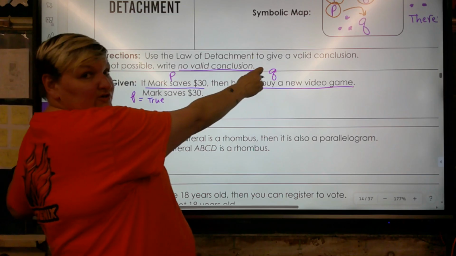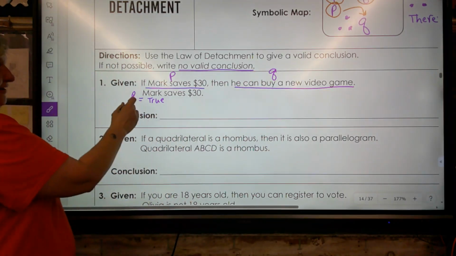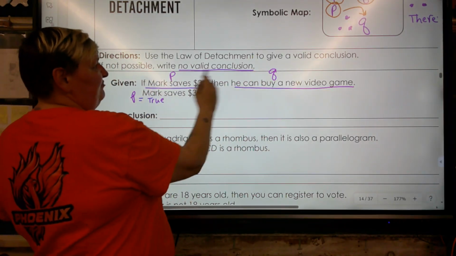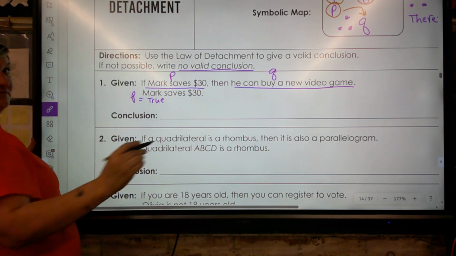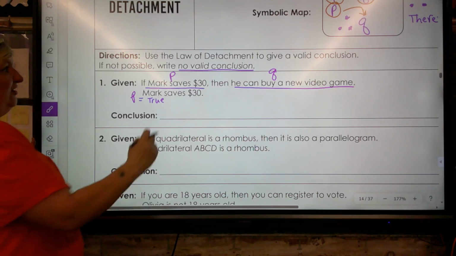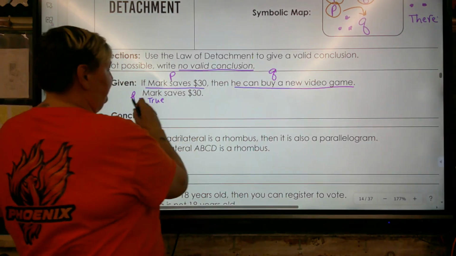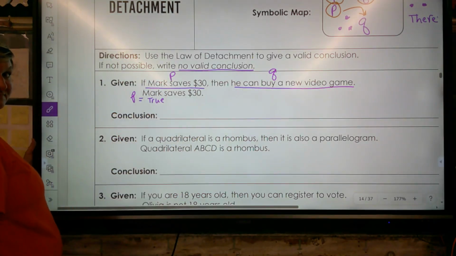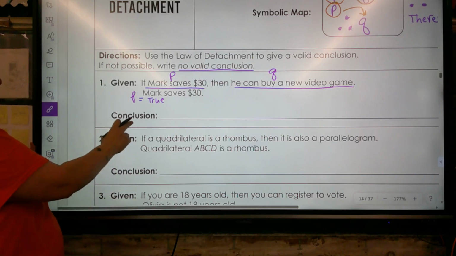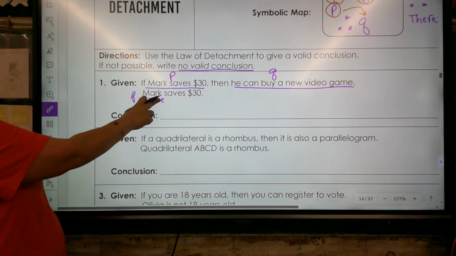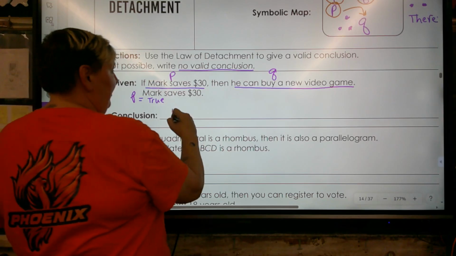P, therefore Q. But if it doesn't follow the pattern, PQP, then you can't draw a conclusion. Also, if it goes PQP false, then you can't draw a conclusion. You can only go based on the evidence you are given. Right, so the conclusion we can draw, if Mark saves $30, then Mark can buy a new video game.